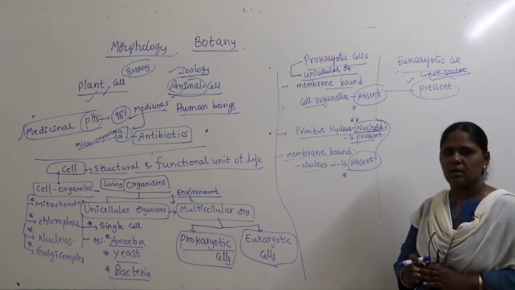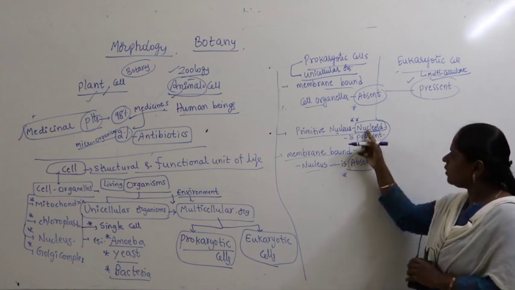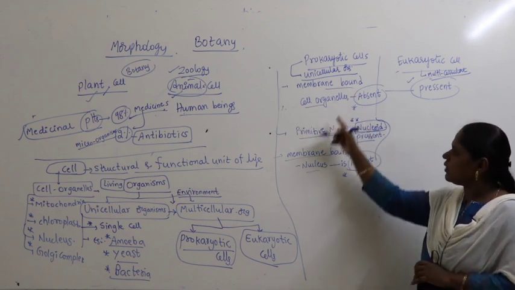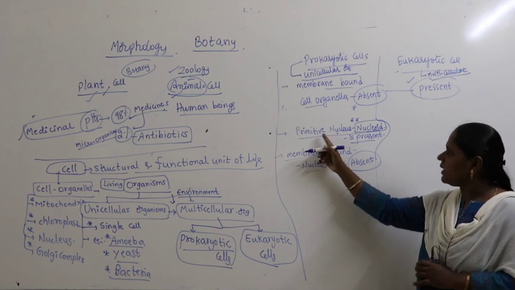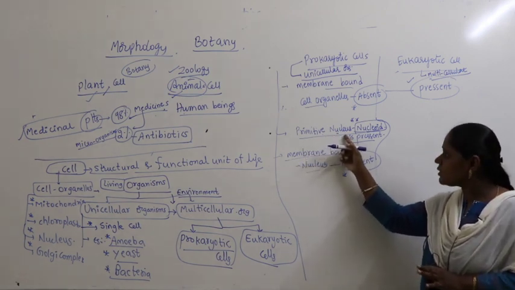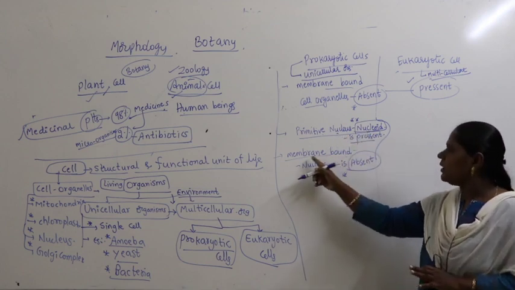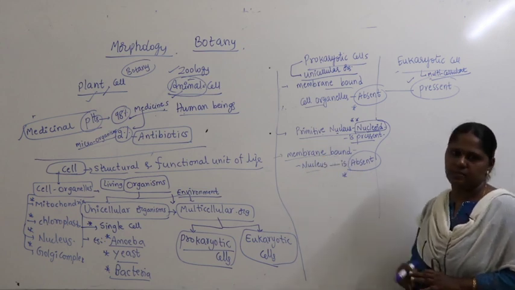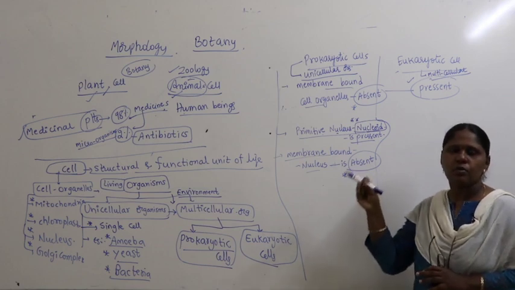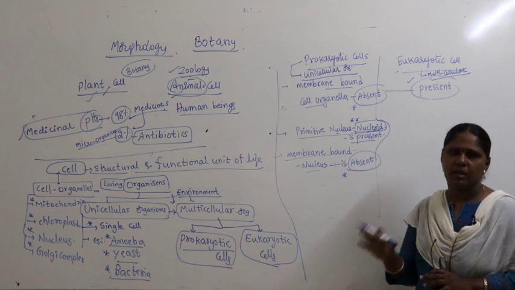There is a difference. In coming classes you will come to know very clearly the difference between nucleoid and membrane bound nucleus. Presently, try to understand that in prokaryotic cells the nucleus is present, that is the primitive nucleus, the first formed nucleus, and it's called nucleoid. But a membrane bound nucleus is absent. There is no clear distinct nucleus, no clear distinct membrane.